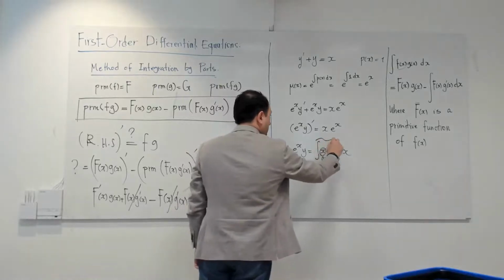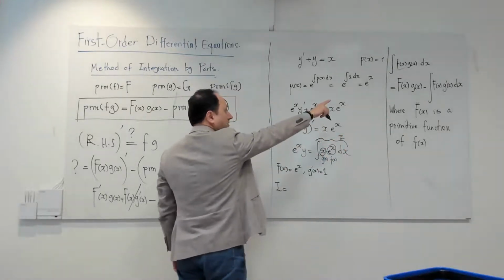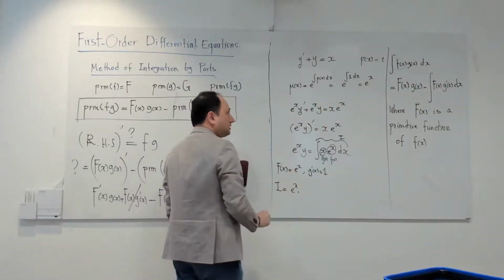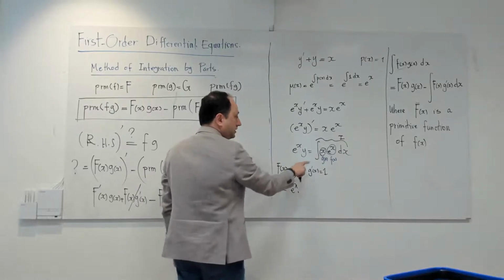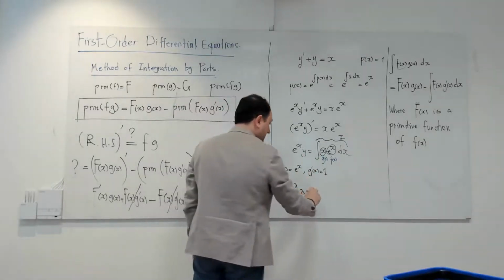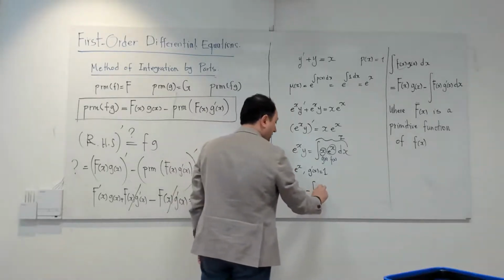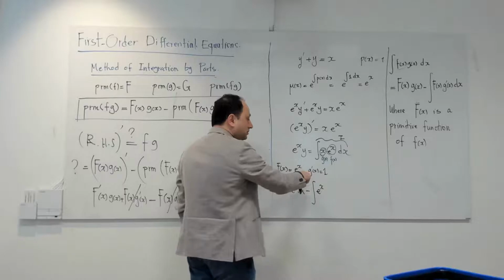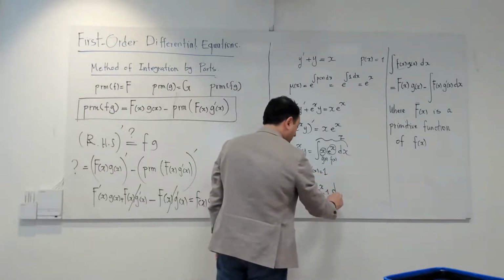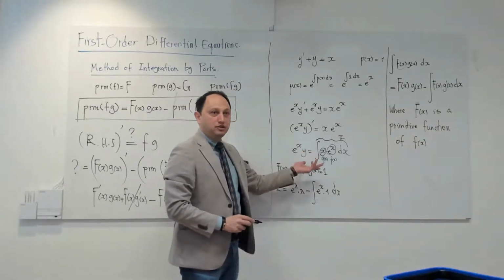So this integral, let me call it I, is equal to capital F, which is e to the power of x, multiplied by little g of x, which is just x, minus the integral of capital F, which is e to the power of x, multiplied by g prime, which is 1, and then dx. Now, do you think this integral is simpler than the original one?